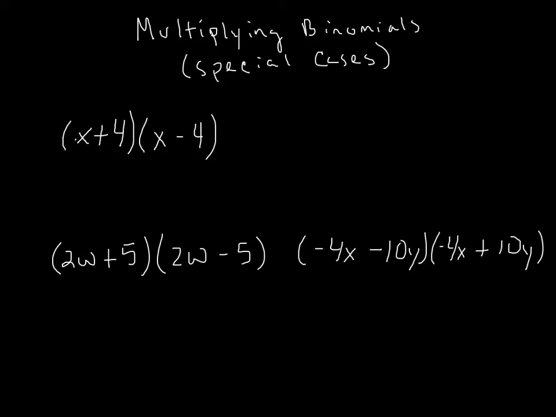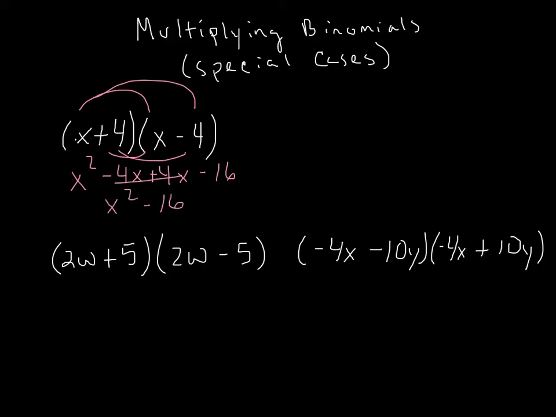Okay, and we showed last time how you can do this. Basically, you distribute, so you use the FOIL method, and you do x squared, and you get minus 4x plus 4x, and minus 16. Those two cancel out, and so you end up with x squared minus 16.